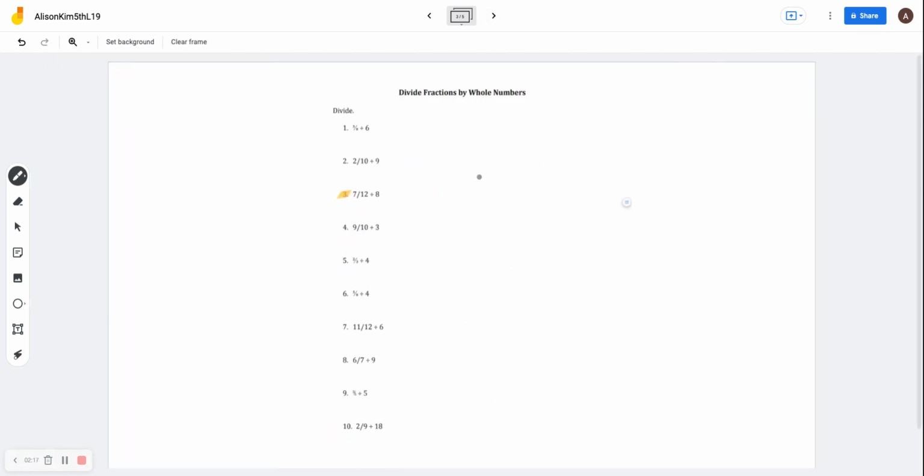Now we're going to move on to dividing fractions by whole numbers. In this case, it's flipped from the previous worksheet. So number 3 gives us 7/12 divided by 8. So 7/12 stays the same, right? The division sign turns into multiplication. And then the reciprocal of 8 is going to be 1/8, because 8 is the same thing as 8 over 1, and when you flip it over, it will be 1 over 8.